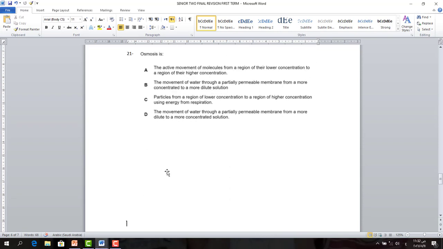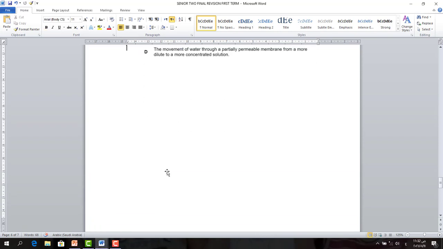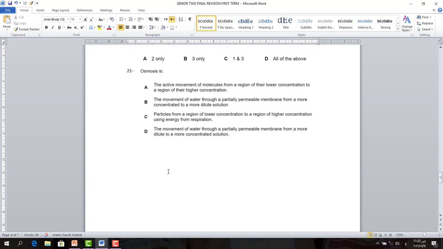Osmosis. Osmosis is active movement of molecules from a region of lower to higher concentration? No. Movement of water through a partially permeable membrane from a more concentrated to a more dilute solution.